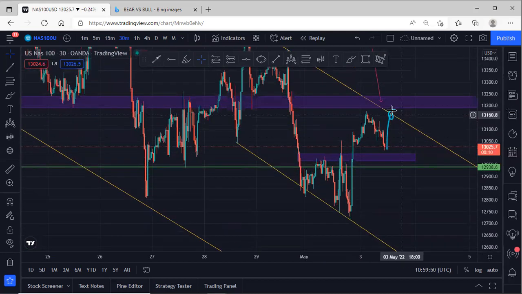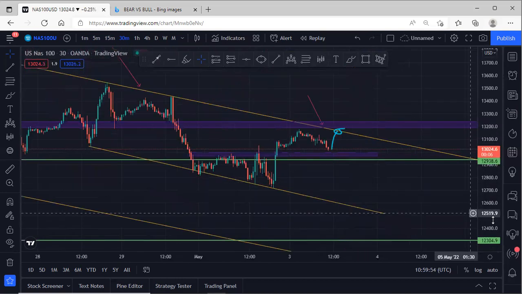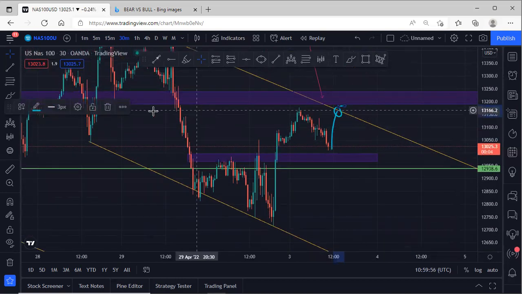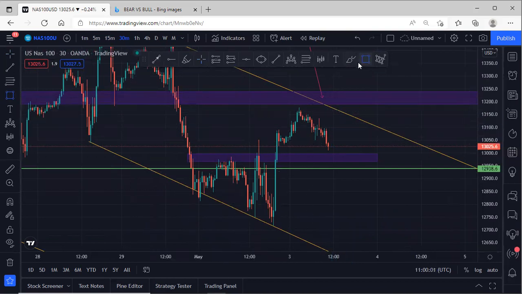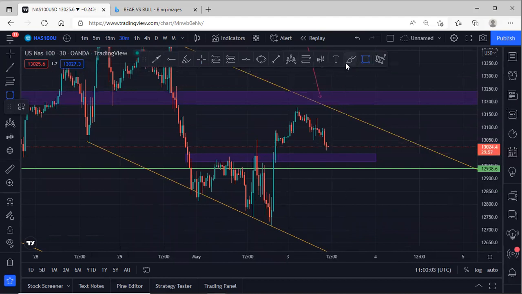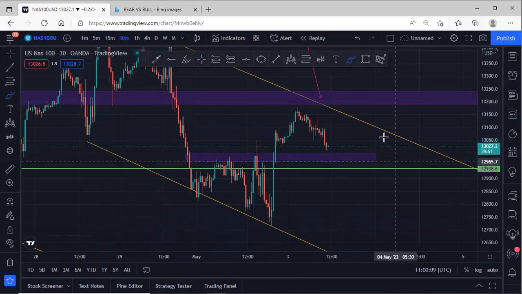The market might come back and give us a dead touch and sell to the downside, and also, like I've said, it might just impulse to these areas and come back inside the trend line.